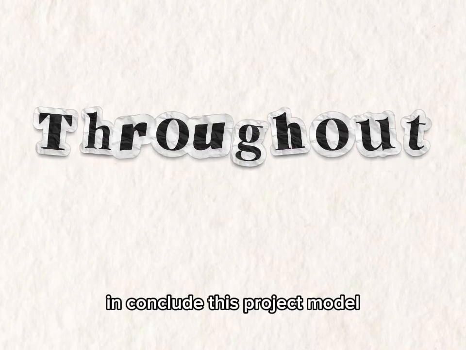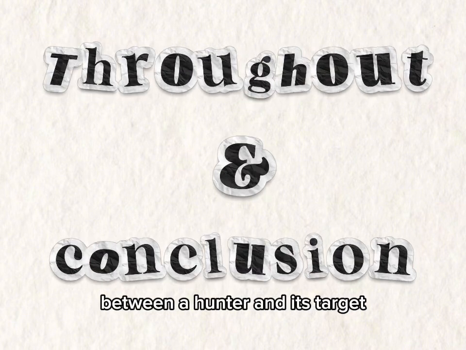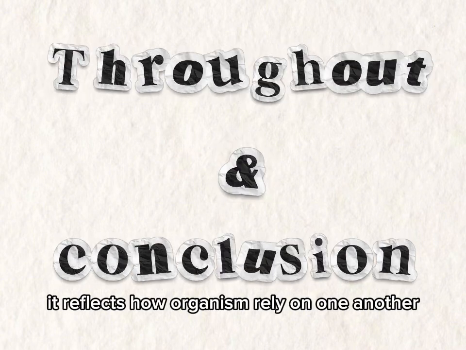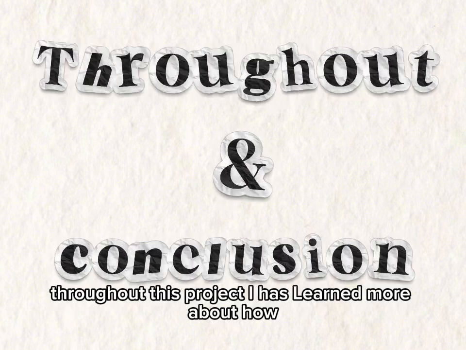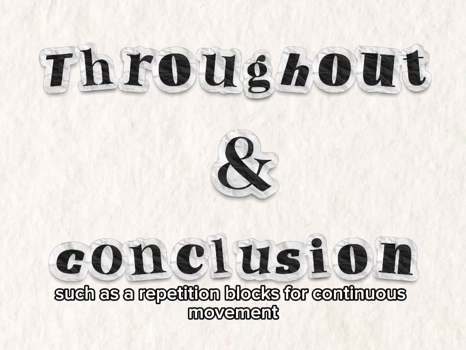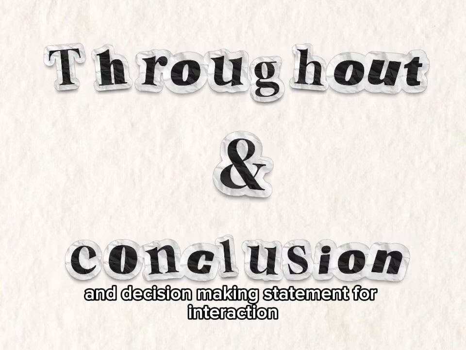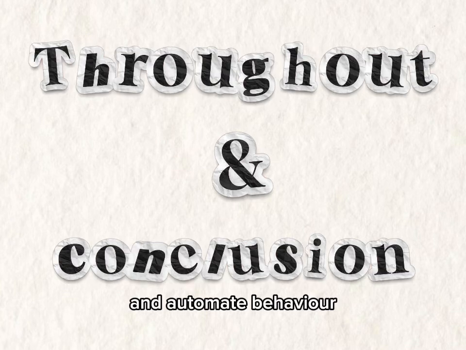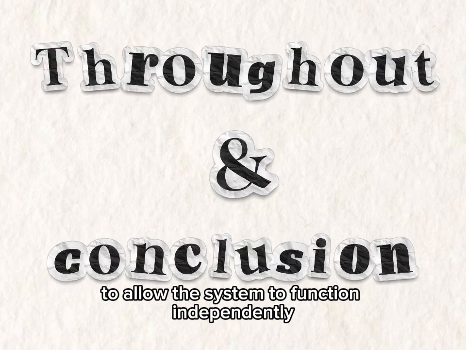In conclusion, this project models a basic environmental system that shows the connection between a hunter and its target within a habitat. It reflects how organisms rely on one another and how their numbers change over time. Throughout this project, I have learned more about how to apply key Scratch concepts such as repetition blocks for continued movement, decision-making statements for interaction, data variables for recording, and automated behavior to allow the system to function independently.